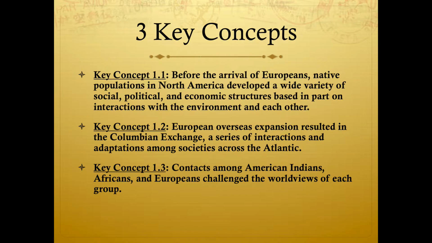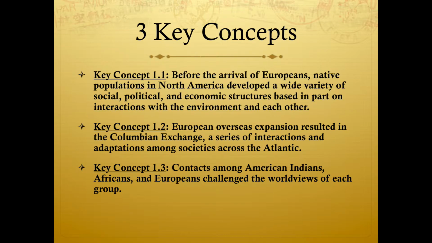In key concept 1, we're basically talking about how Native people had a wide variety of social, political, and economic structures. Native American societies were very complex. In concept 2, we're going to talk about the Columbian Exchange, how both Europe and the Americas benefited and suffered from this exchange of not only food, but also cultural ideas and various things.